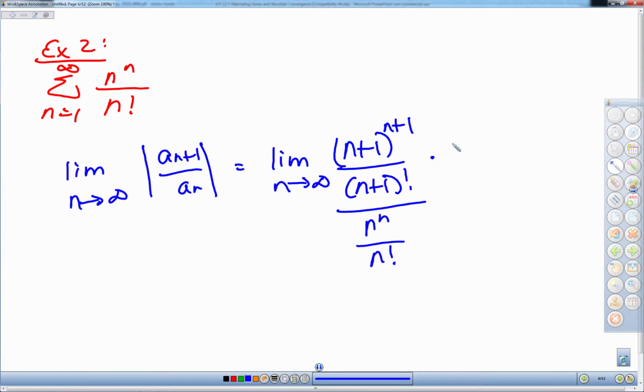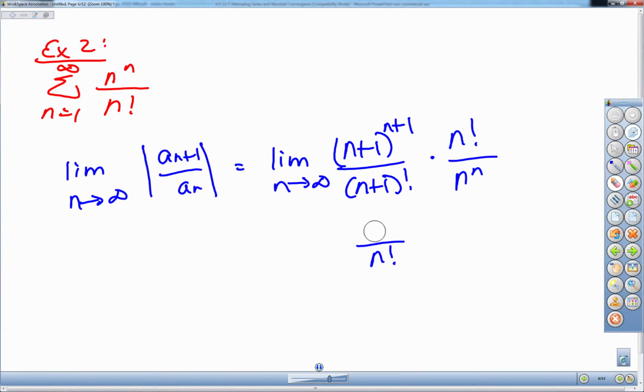With your permission, I'd like to go ahead and just write it like this. What I've done is I just multiplied by the reciprocal. Okay, so we're going to need a little bit of help with simplifying this.